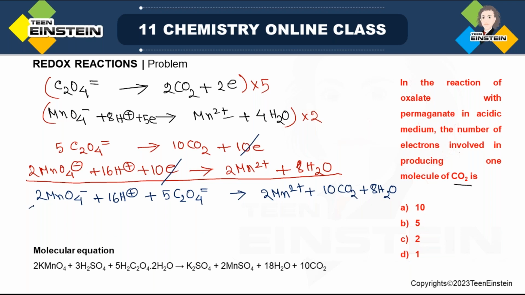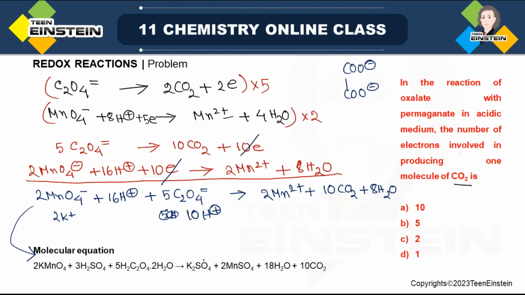Now if you want to convert it to a molecular equation, it is simple. 2 MnO4 minus, that means if you add 2 potassium, it will be converted to KMnO4, right? Then 5 C2O4 2 minus, remember oxalate ion is like this. So when you add hydrogen, for each C2O4 it is 2 hydrogen. So a total of 10 H plus should be added.